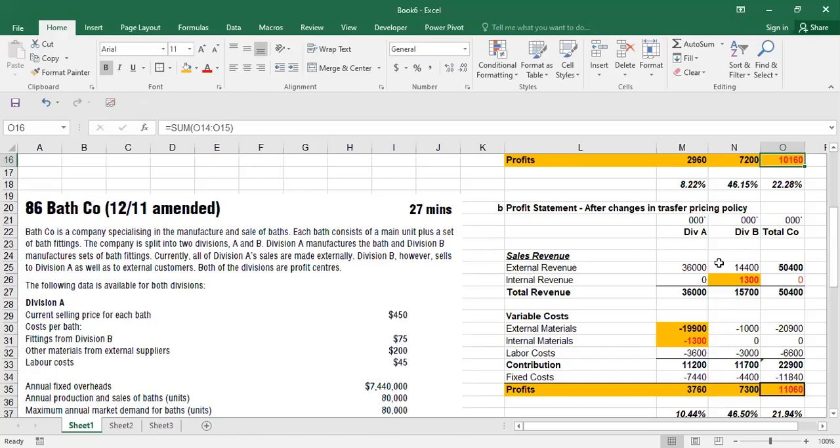Because if you make a mistake in your assumptions, or some mistake in the overall understanding of the process, your numbers will be wrong. Otherwise, it should not be very difficult. But it does take time, and it's a very important topic for the ACCF 5 long question. You don't get a short question from transfer pricing, you get a long question.